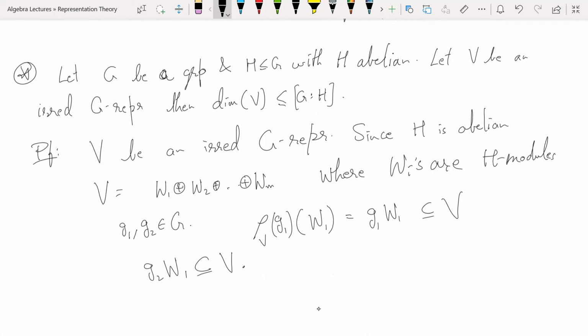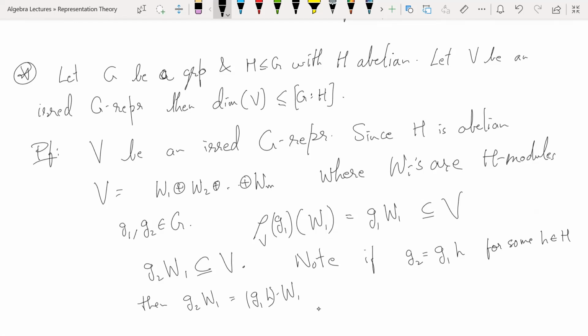Note that if G1 and G2 are in the same left coset, so if G2 is G1 times some h in H, then G2 times W1 is the same as G1 h W1, and we know that this is an action. So you can first act via h and then via G1.